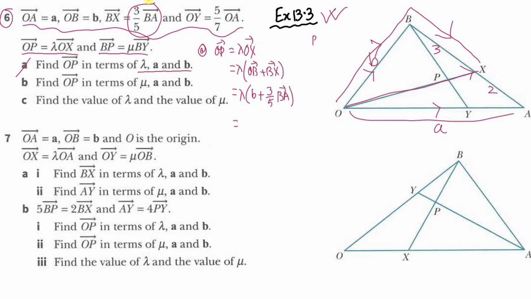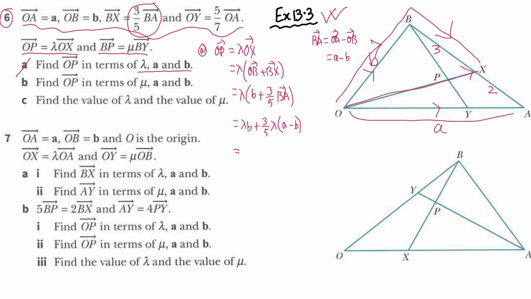So what is the BA part? BA, we can write OA minus OB in terms of position vectors, which is actually A minus B. Let's use this information. So the first one is lambda B, and the second one is 3/5 lambda, and for BA we put here A minus B.